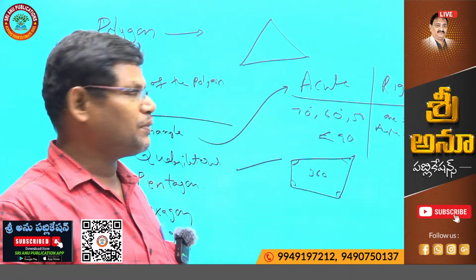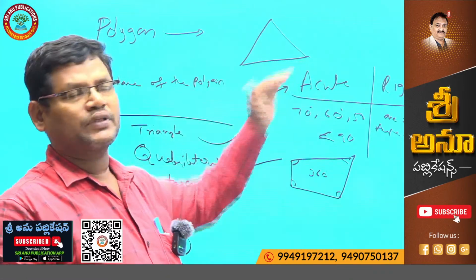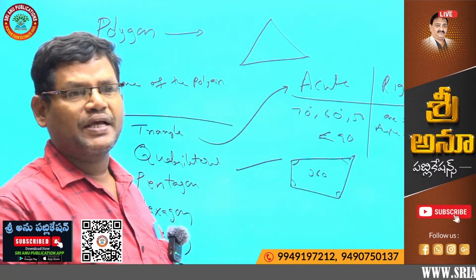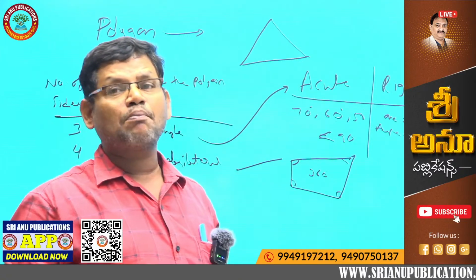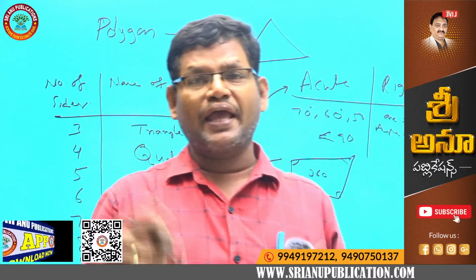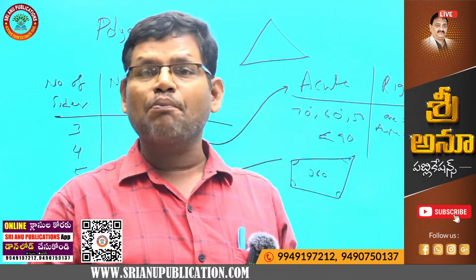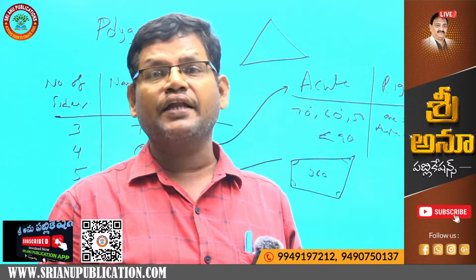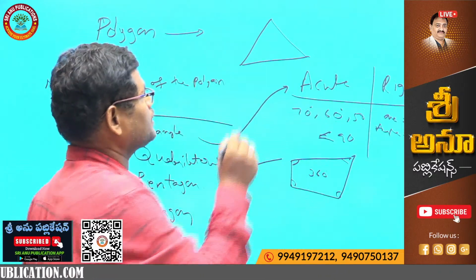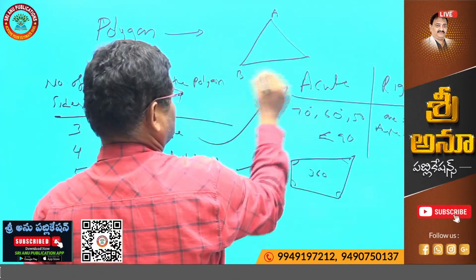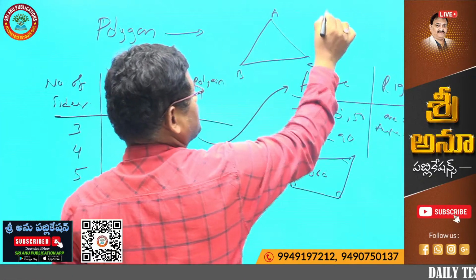About the sides, there is one more property for triangles. Based on the sides, the sum of interior angles is equal to 180 degrees, as well as the sum of any two sides is greater than the third side. Suppose you are taking triangle ABC.